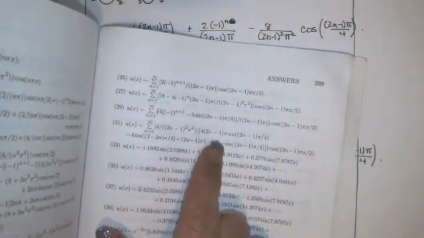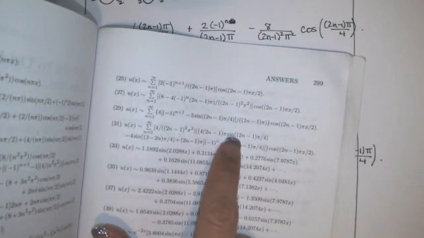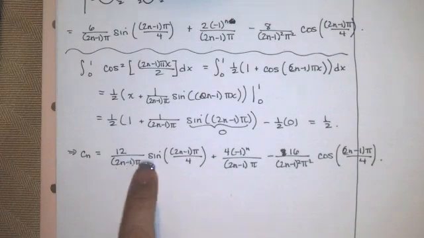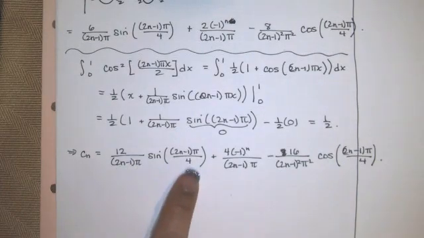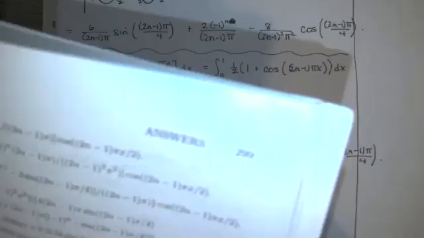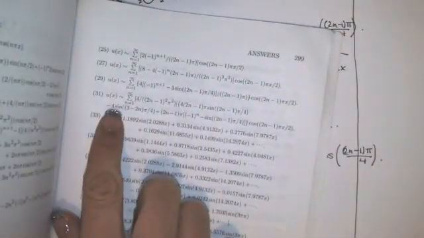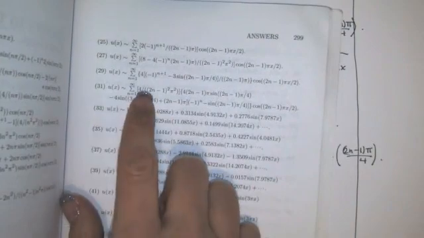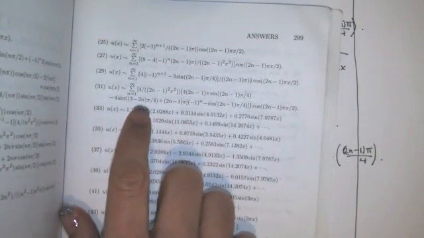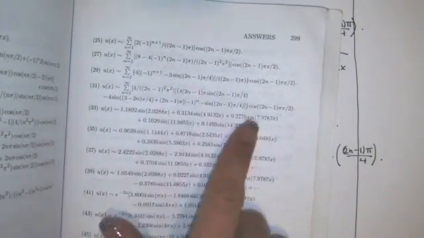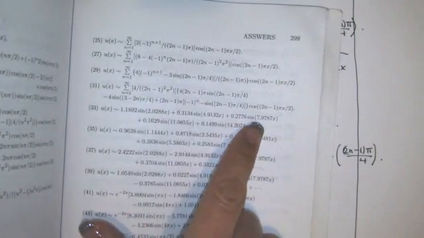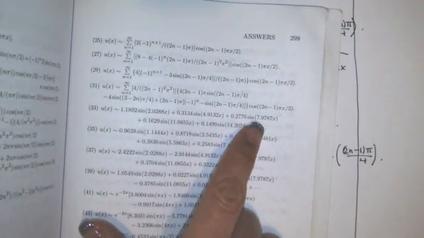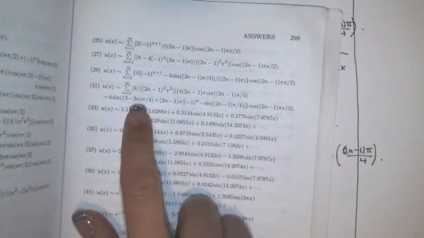You end up with 16 times sine of (2n minus 1) times pi over 4, and I only have 12 times sine of (2n minus 1) times pi over 4. Then the next one is going to be the negative 16 times that. It looks a little different than what I have on my paper. It's possible that I made a mistake, but it's also possible that this has just been written in a slightly different form.